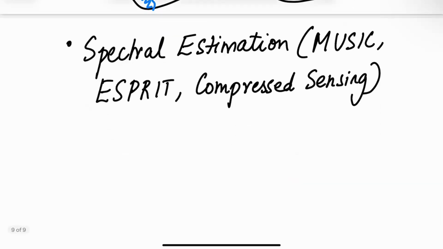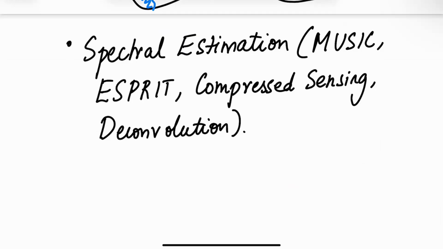So you need to be a bit careful when using these techniques. Similar to spectral estimation, it also includes deconvolution. All of these techniques rely on the fact that you have some additional information. Okay?